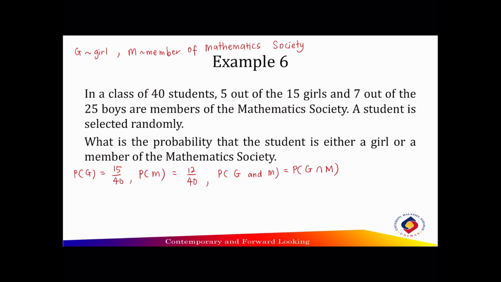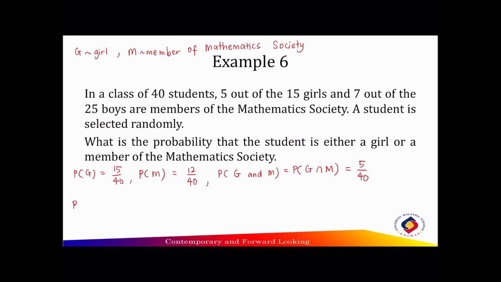P(G intercept M) is 5/40 because we have 5 out of the 15 girls who are members of the mathematics society. So P(G intercept M) here equals 5/40.